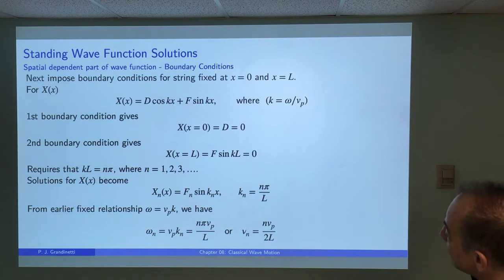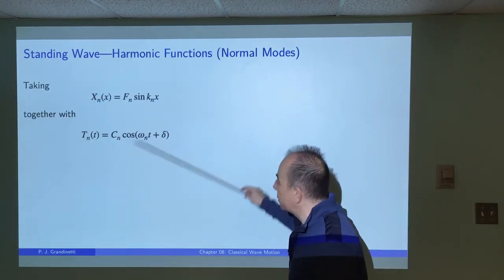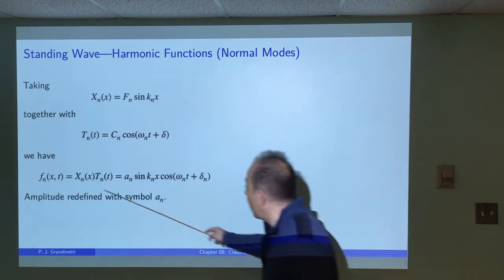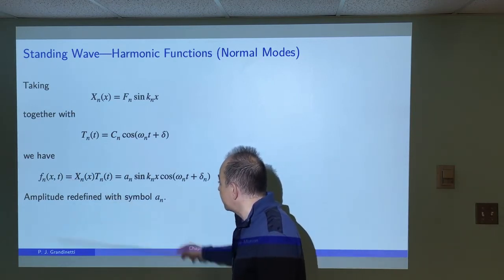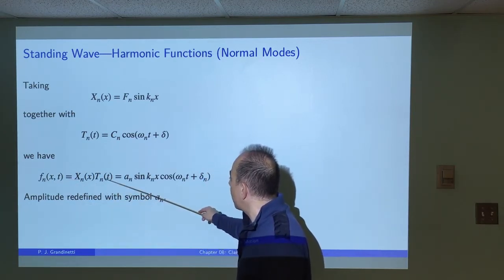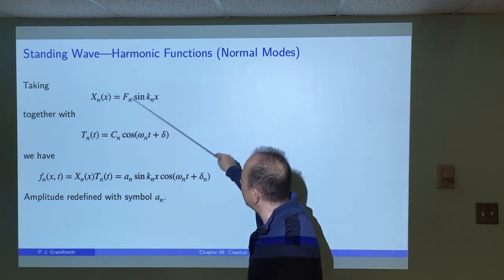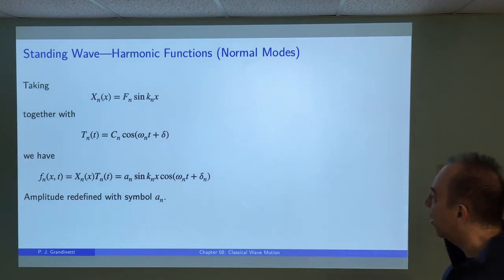So everything now has an n dependence. We have the x solution and the t solution, all dependent upon n, and we form our solution, f of n as a function of position and time, as the product of these two. I'm just going to multiply these together and make a new amplitude a sub n, and that's our solution.